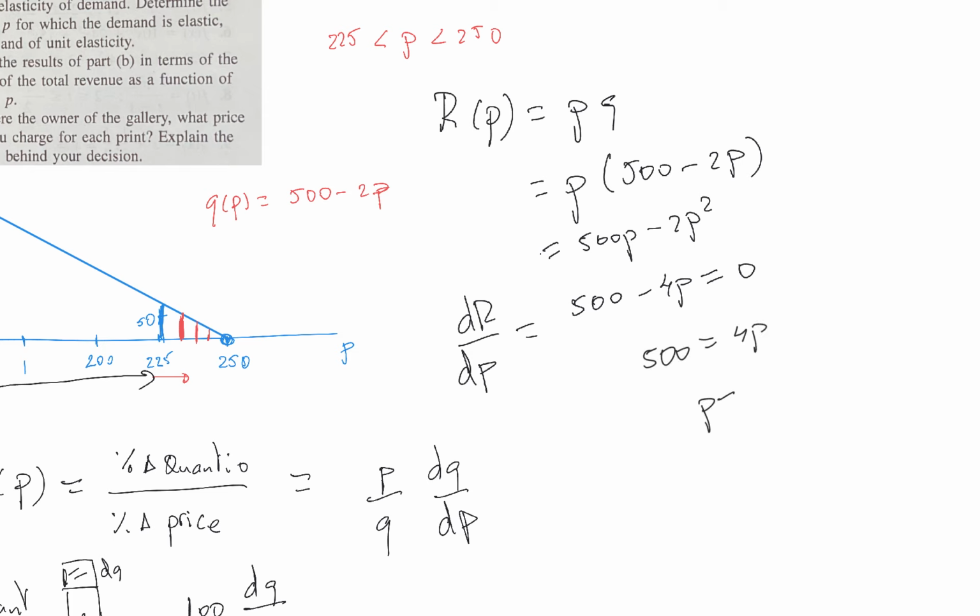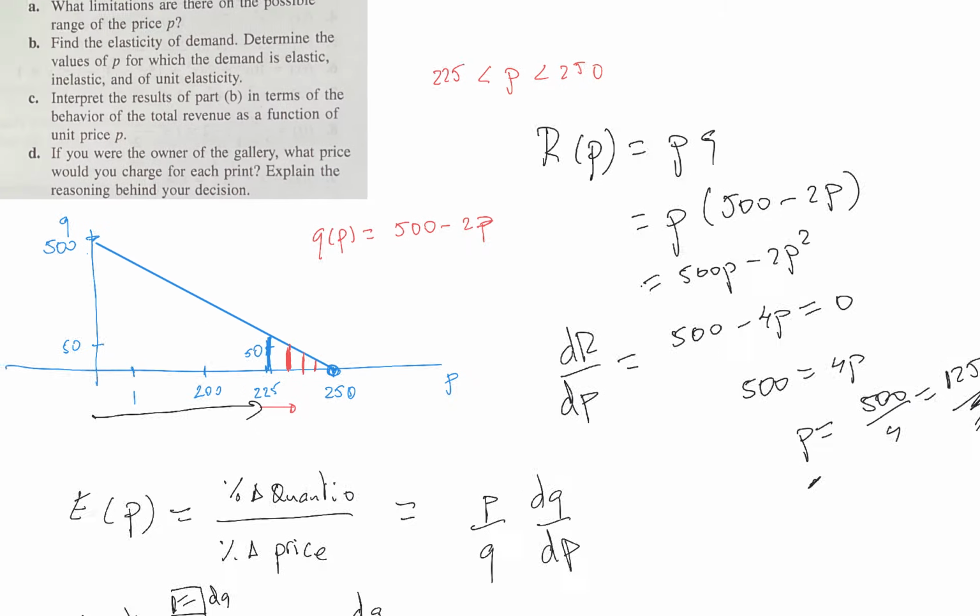It means that if you sell at the price 500 divided by 4, or $125 per print, you will do the best possible business.